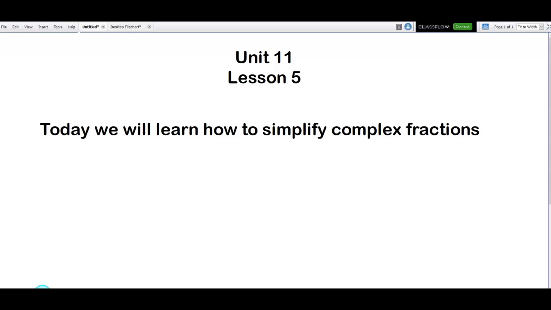So today we're going to talk about simplifying complex fractions. So first of all, you might be wondering, what is a complex fraction?